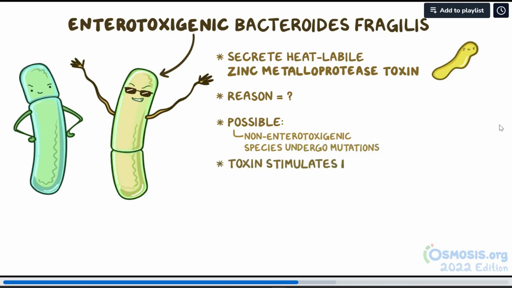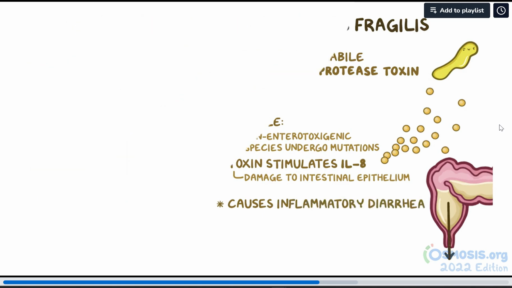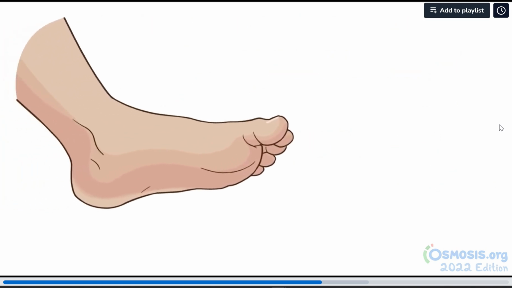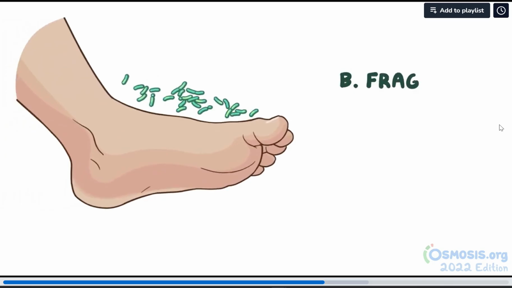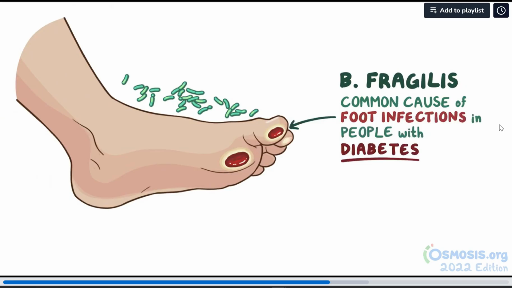This toxin stimulates IL-8 secretion, which is a pro-inflammatory cytokine that causes damage to the intestinal epithelium. So fluid and chloride are secreted into the intestinal lumen, causing inflammatory diarrhea. Finally, even though it's not part of the normal skin flora, Bacteroides fragilis is also one of the most common causes of foot infections in people with diabetes.